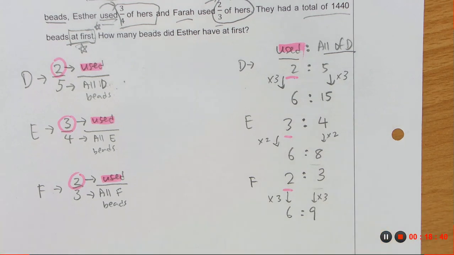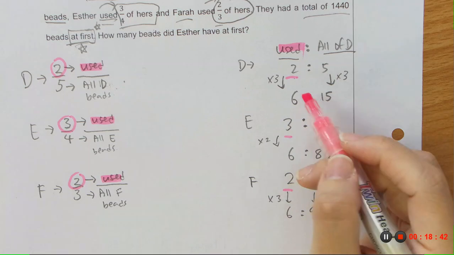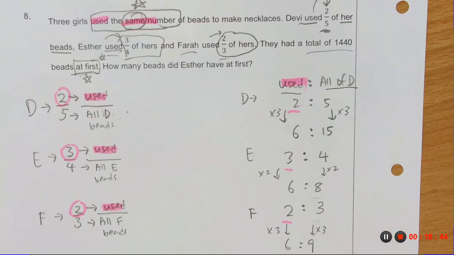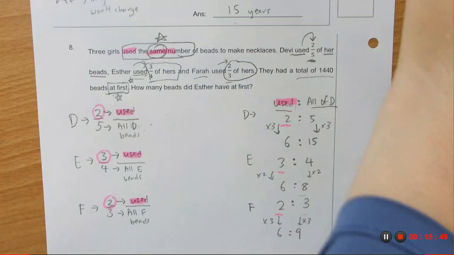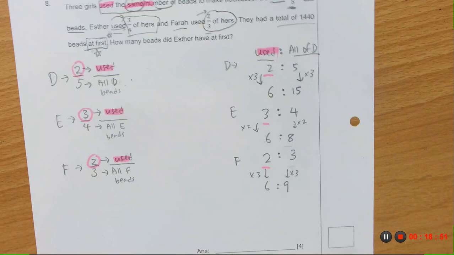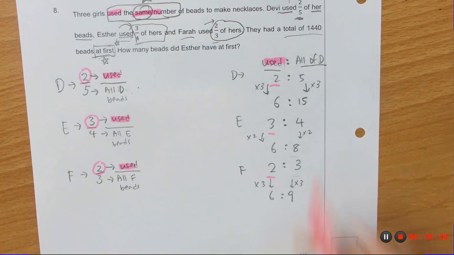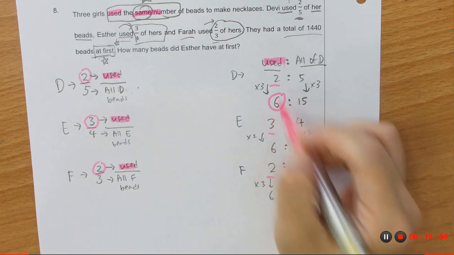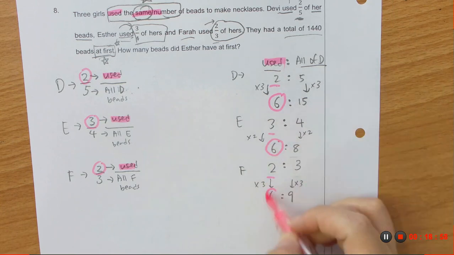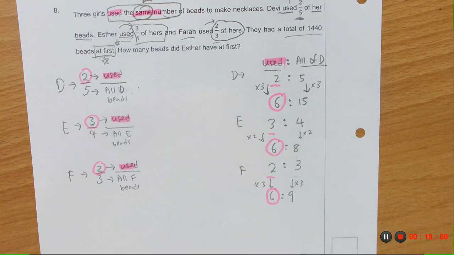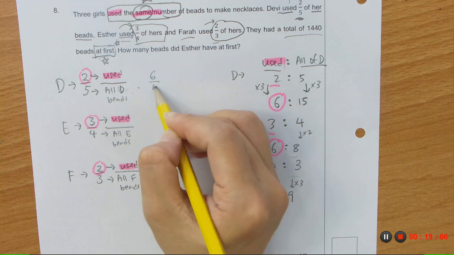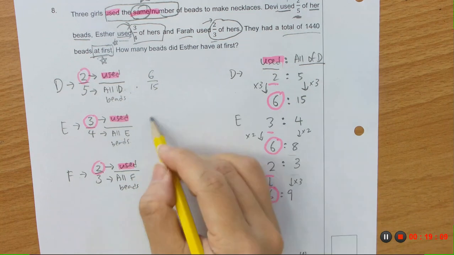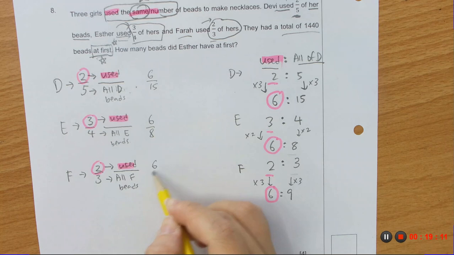Look, I'm now using the key clue of them using the same number of beads. Based on that clue, I turn the numerator or the portion about them supposedly the same as identical. If I use fraction, it will be the same thing. 6:15, 6:8, 6:9.